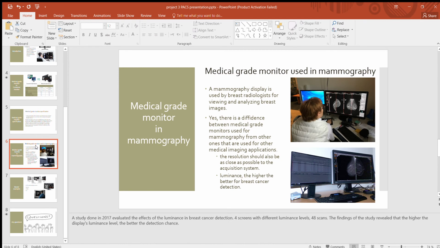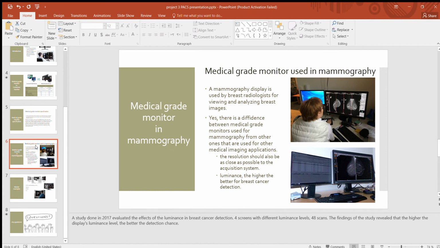What about mammography? Medical grade monitors are used in different radiology applications, and mammography is different. Actually, one study evaluated the effects of luminance on breast cancer detection.